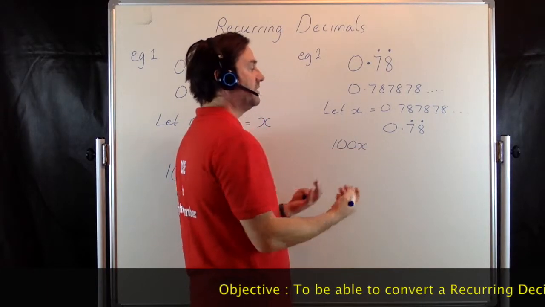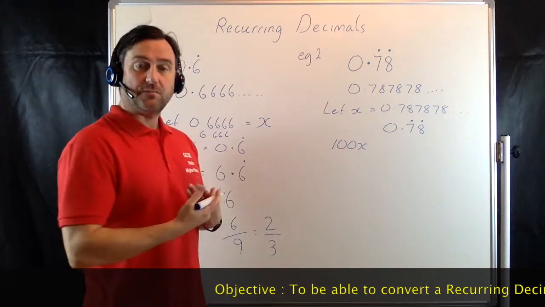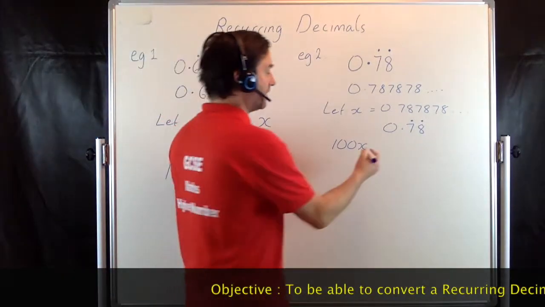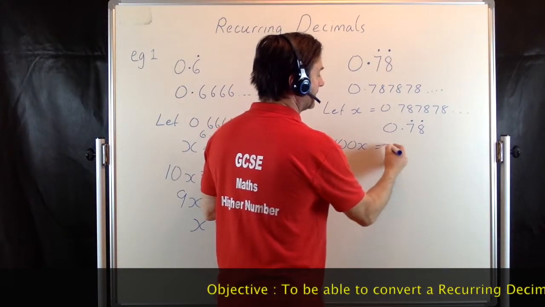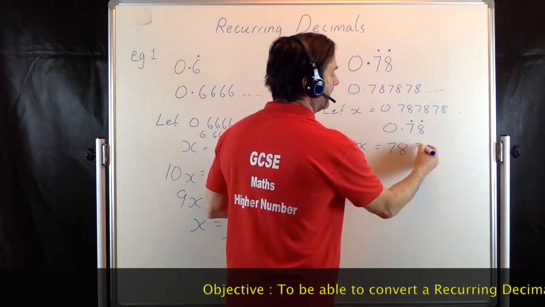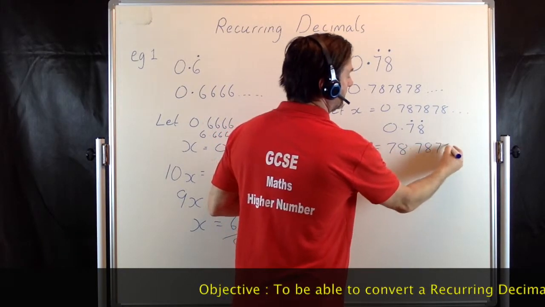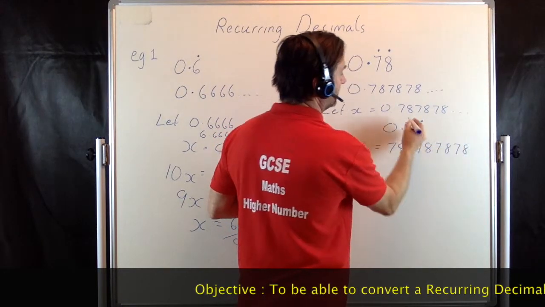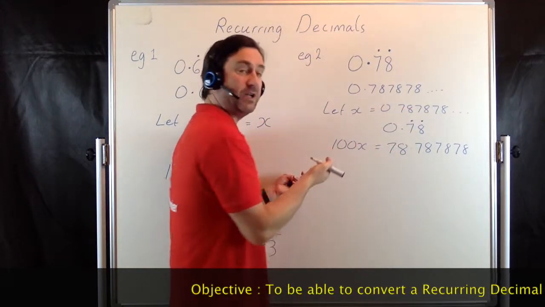So 100x is going to shift our digits 2 places to the left, so I'm going to end up with 100x equaling 78.787878 by moving these digits this way.